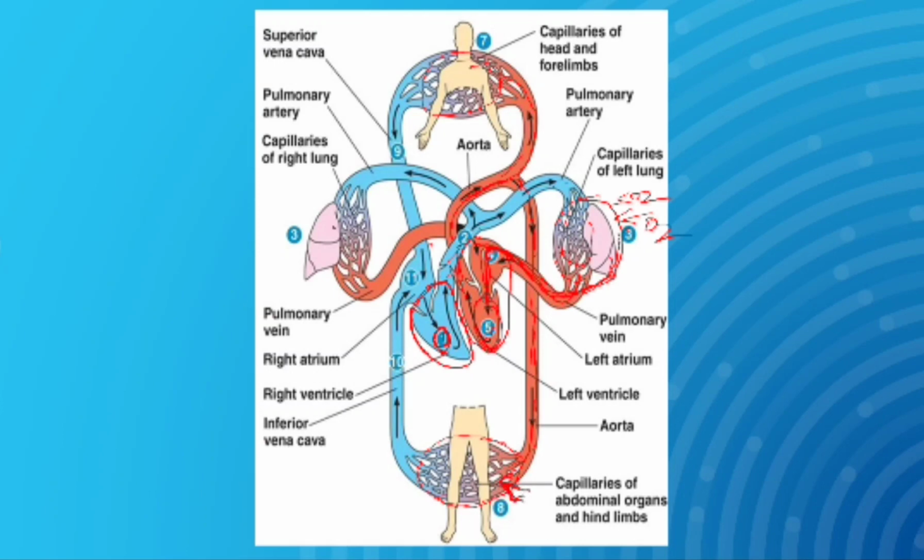CO2 is picked up from the cells back into the blood. The impure blood gets collected and drains into tube-like structures, which we call veins. These veins together bring the impure blood back from all parts of the body, from the upper part and the lower part, into the right side of the heart, that is the right atrium, and again this cycle continues.